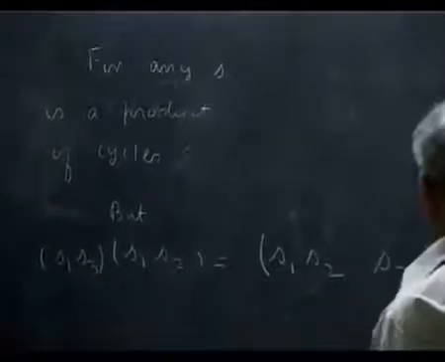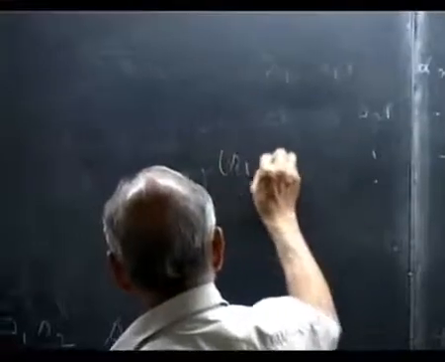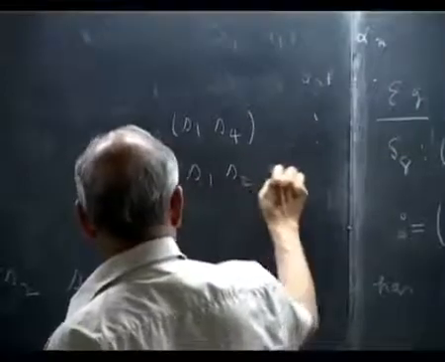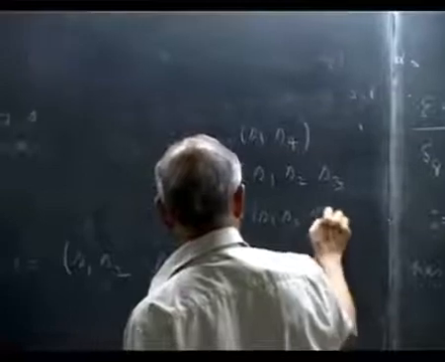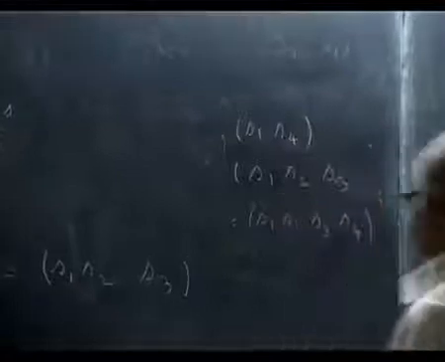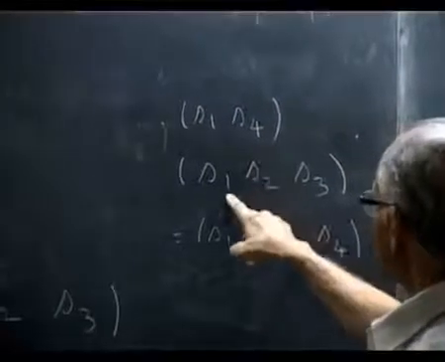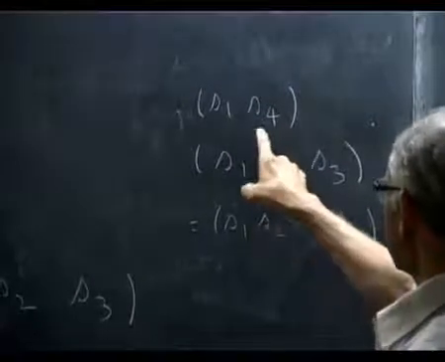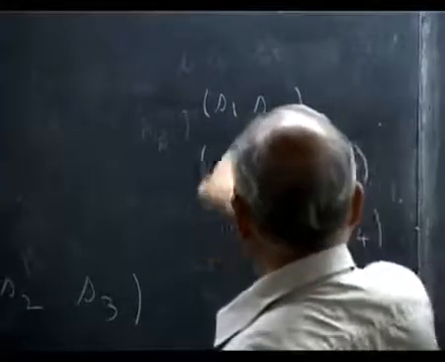Now suppose I multiply again by S1, S4, S1, S2, S3. This will be S1, S2, S3, S4. By the same logic, S1 goes into S2, this doesn't do anything until I hit S1 goes to S2, so S3 goes into S1, S1 goes into S4.